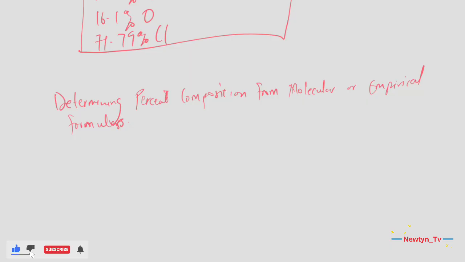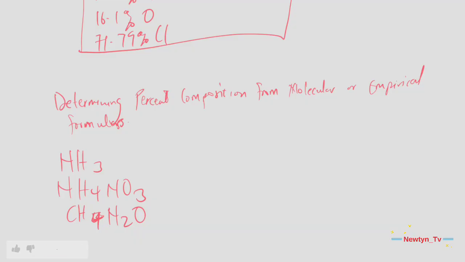We look at ammonia, which is NH3, then NH4NO3, ammonium nitrate, then urea, which is CH4N2O. The element nitrogen is the active ingredient for agricultural purposes.